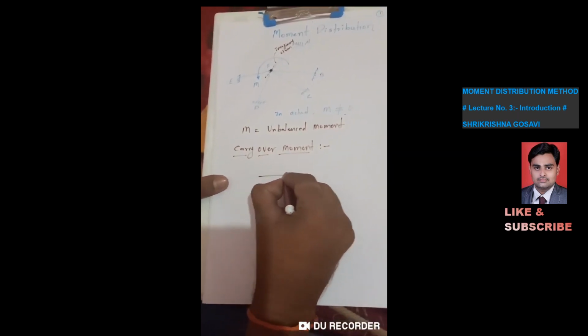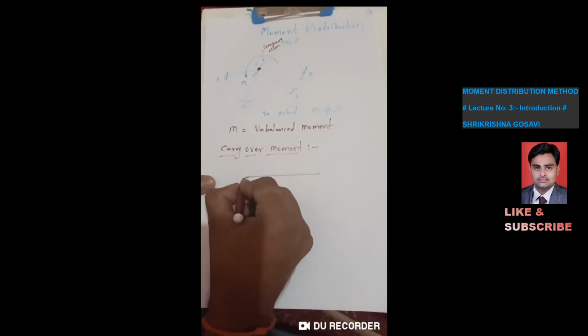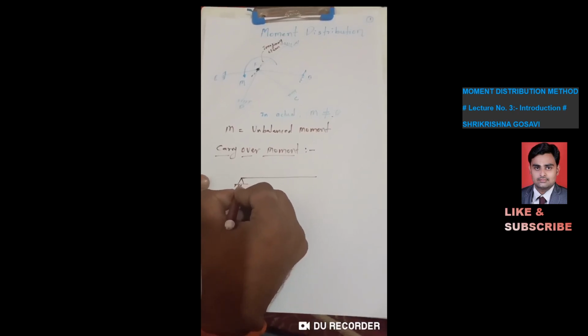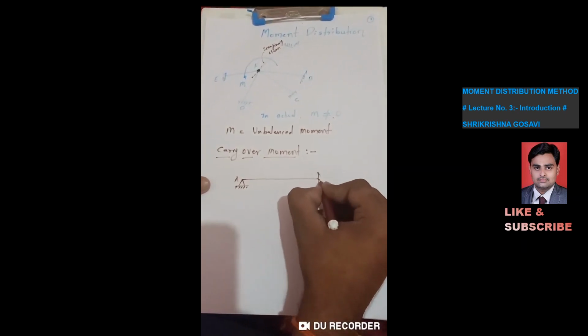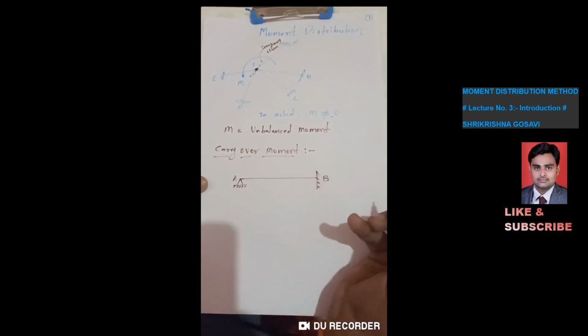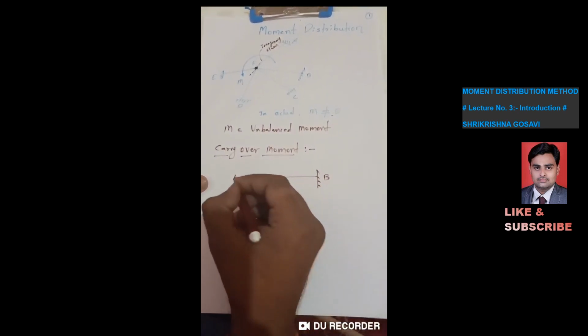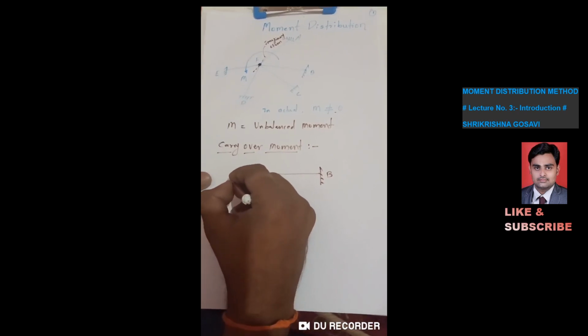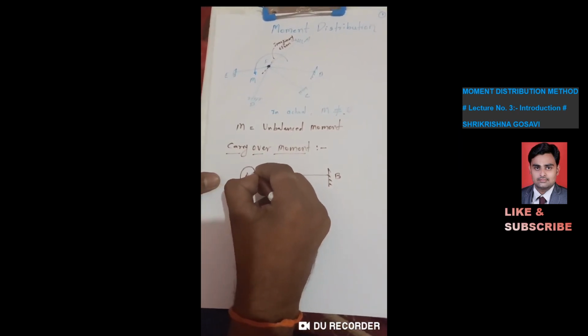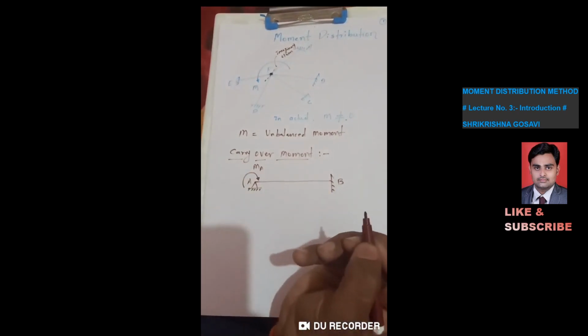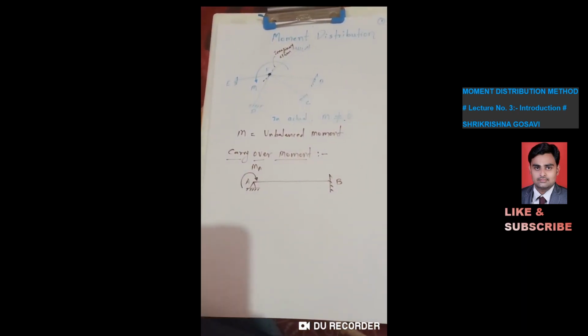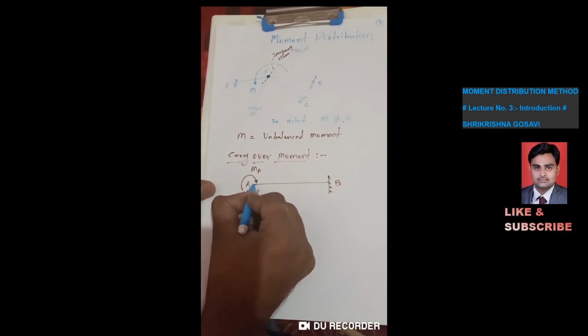Now consider this beam. Here the hinge support is provided. Let this be our point A. Here the fixed support is provided. This is point B. And now if we apply here a moment, let this moment be MA, which is applied at point A. Due to this moment, the beam will be deflected like this.